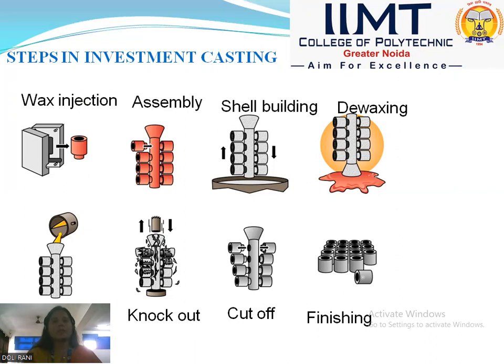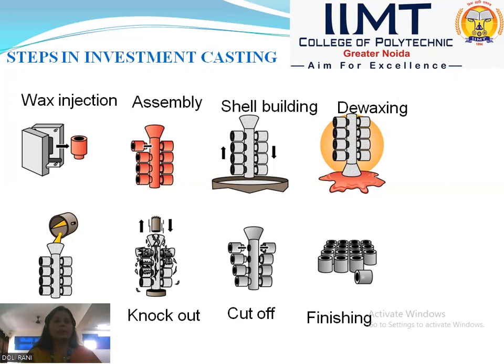Dewaxing is a step of the investment casting process which is used to remove the wax from the shell. When wax is removed from the shell, then the cavity is formed and we can pour the molten metal into the cavity. As we can see in the next step, the molten metal is pouring into the mold cavity.